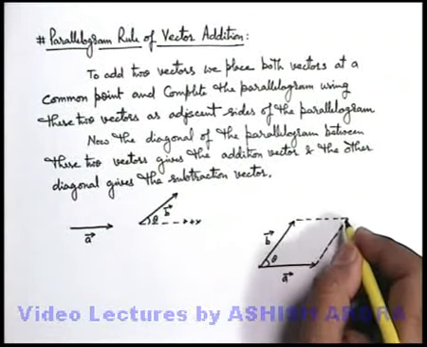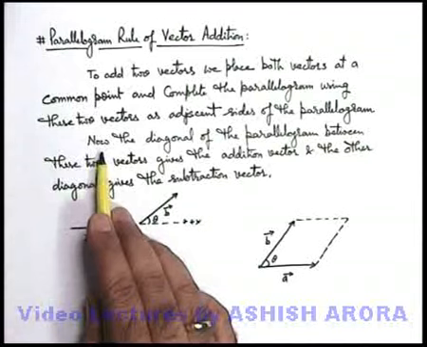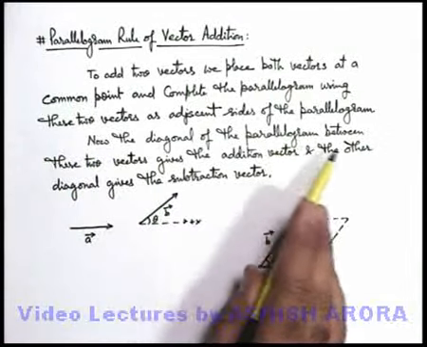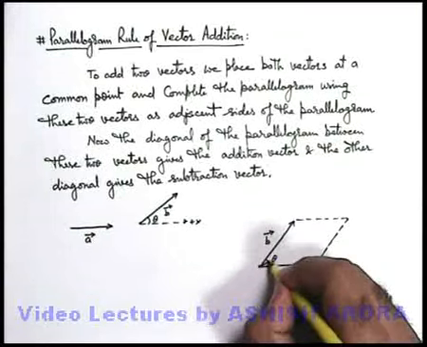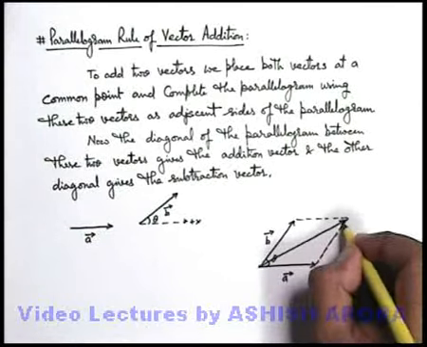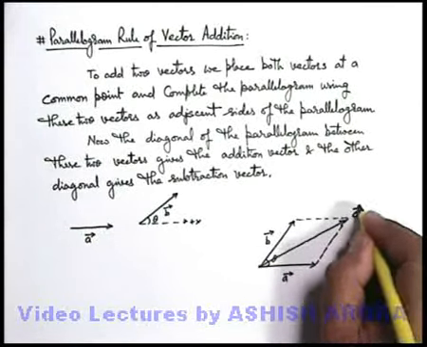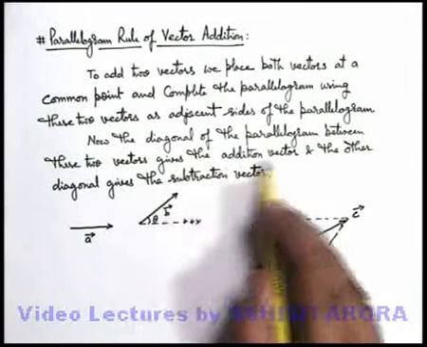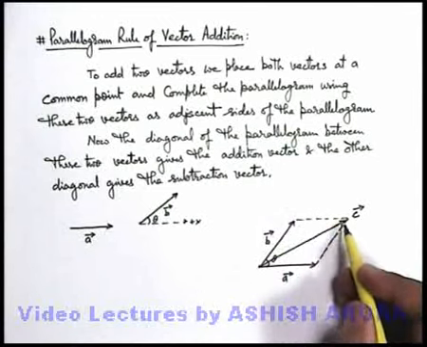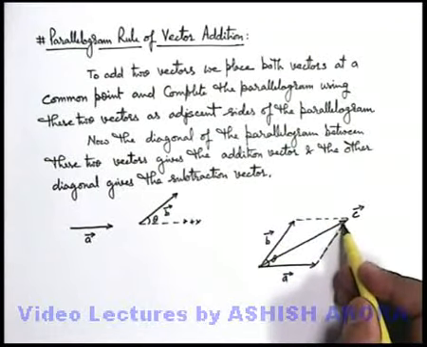Now, it is further saying that the diagonal of the parallelogram between these two vectors gives the addition vector. The diagonal between these two vectors is this. This is our C vector, which is representing the addition vector. And you can see this is just an analogous situation of the triangle rule also.